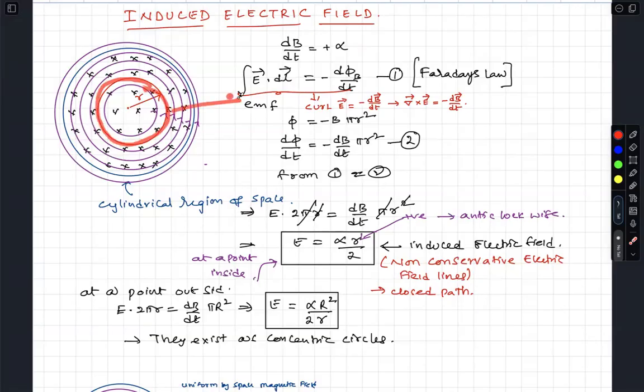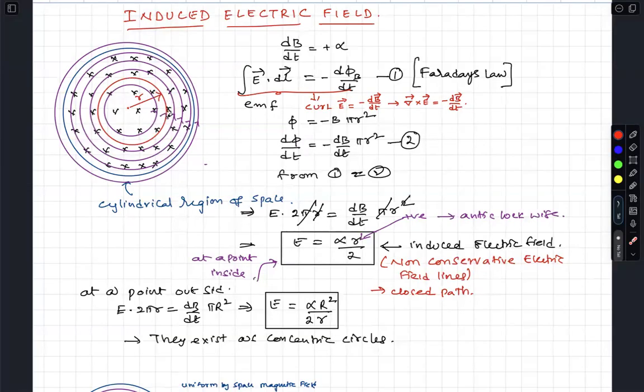For this circle, flux is minus B pi r square. d phi by dt is minus dB by dt times pi r square. From equation 1 and equation 2, E into 2 pi r is equal to dB by dt times pi r square. So at this point, E is plus alpha r by 2.